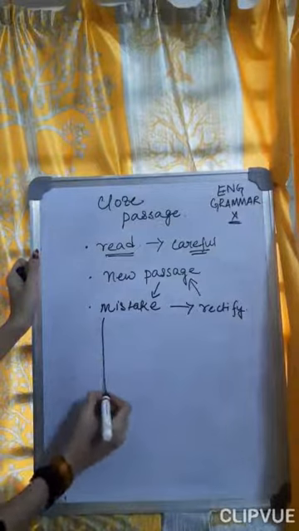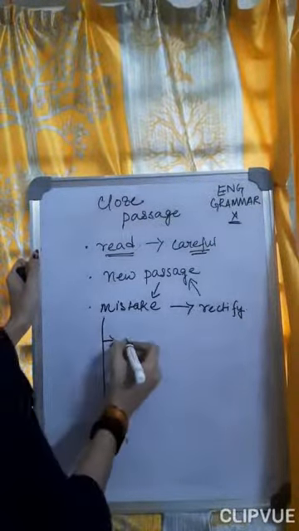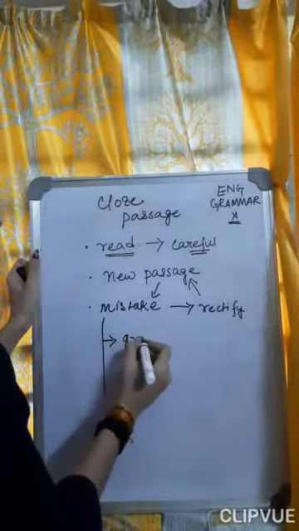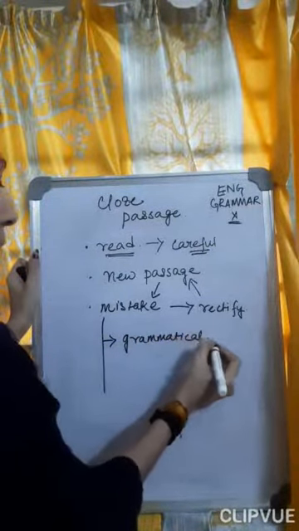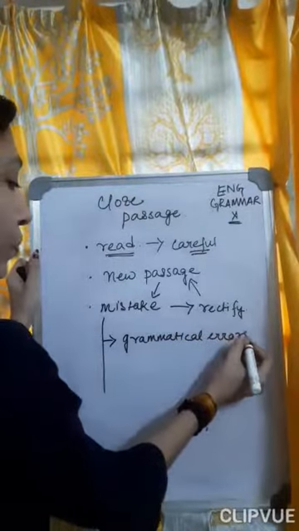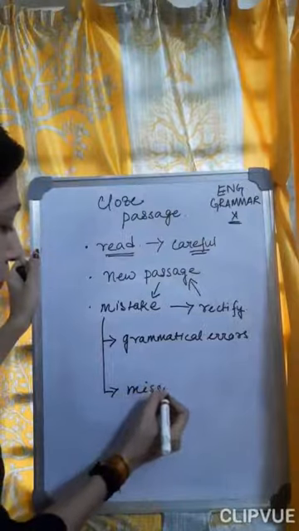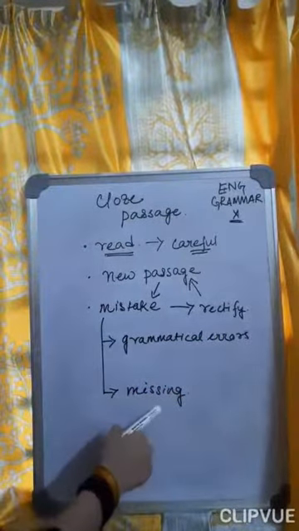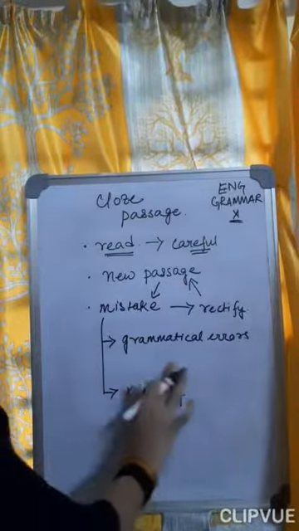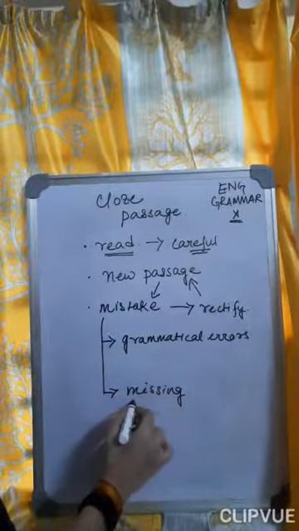Now, what type of mistakes can be there in a passage? There can be grammatical errors, and there can be something missing. When something is missing, like I'm reading a line and a certain word is missing there, in that condition, what do we call that?